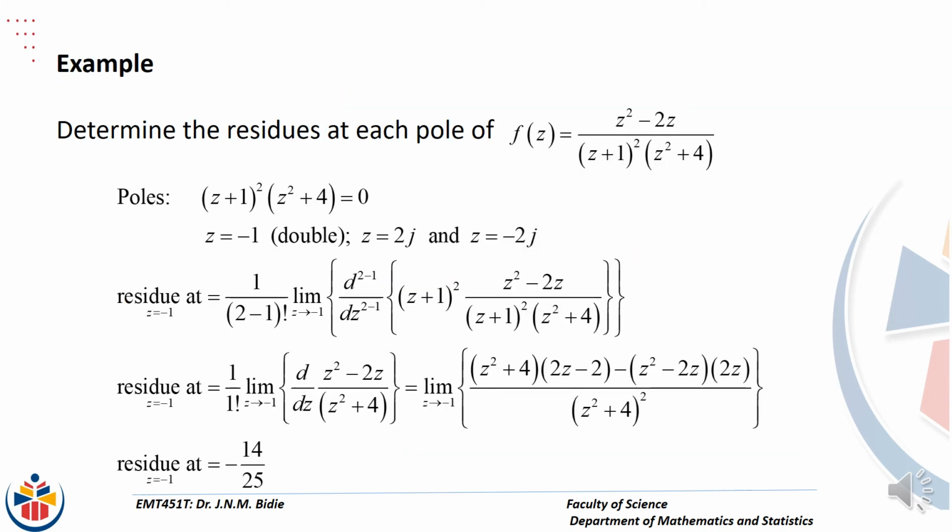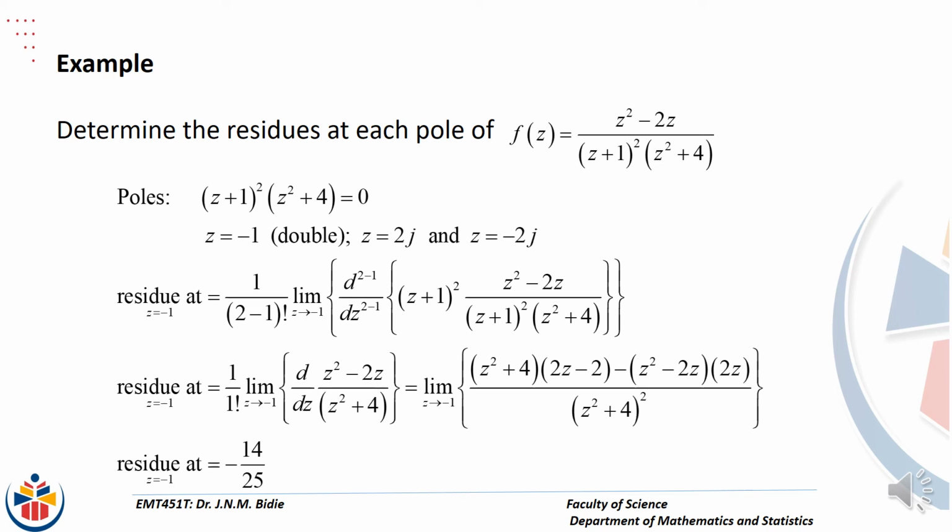Let's do an example that will accommodate both these definitions. We have f of z equal to z squared minus 2z, all divided by z plus 1 all squared into z squared plus 4.